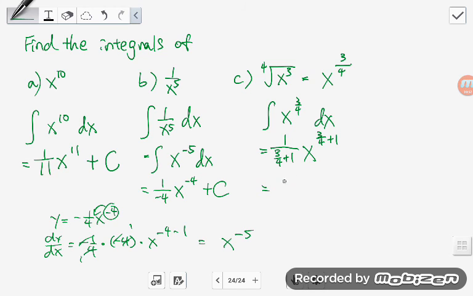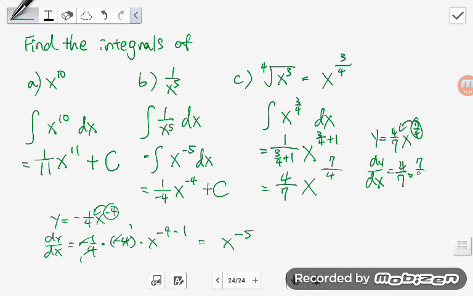By doing that, I'm taking care of the fraction. So what's this? This is 4 over 7, x to the power of 7 over 4. Let's see if that's right. If my y is equal to 4 over 7 x to the power of 7 over 4, dy/dx gives me 4 over 7 multiplied by 7 over 4, bringing the power to the front.